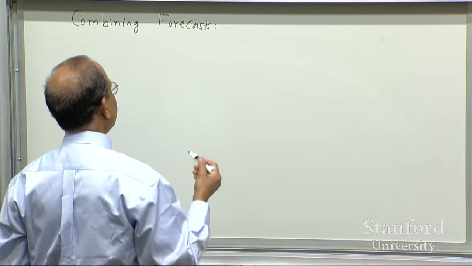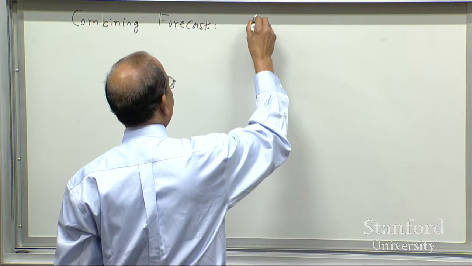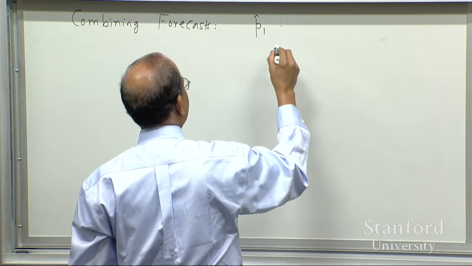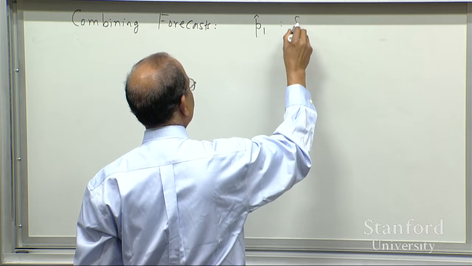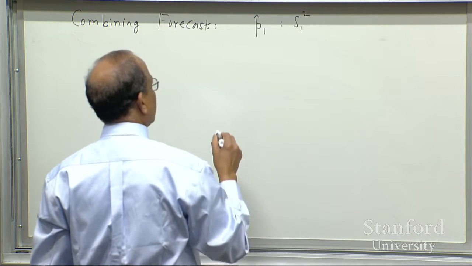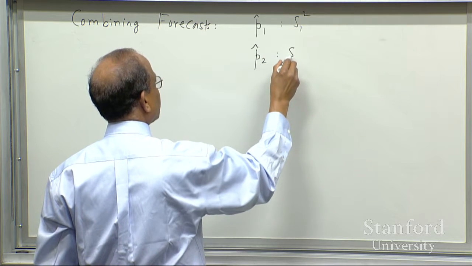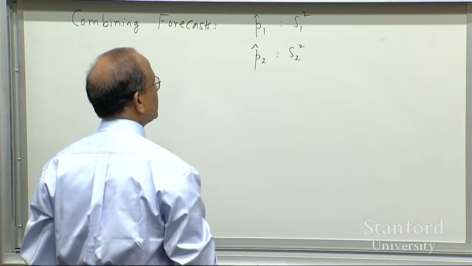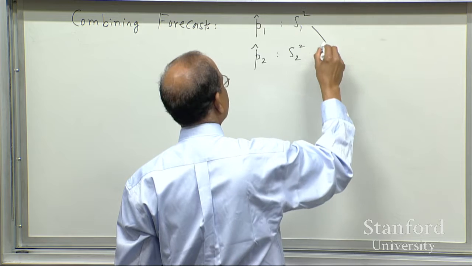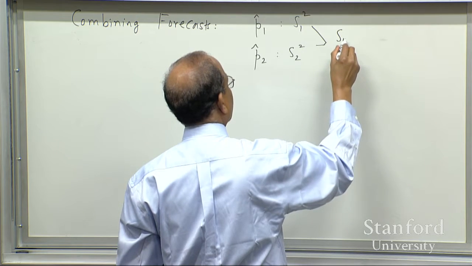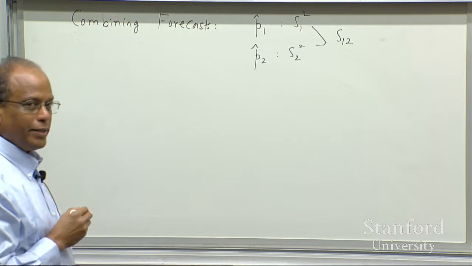So, essentially if you have two forecasts, let us say P1 hat, and the variance of this forecast is given by say S1 squared, and you have the second forecast which is P2 hat, and the variance is given as S2 squared. It is possible that these forecasts are related to each other. So, you can also get the covariance S12, right.